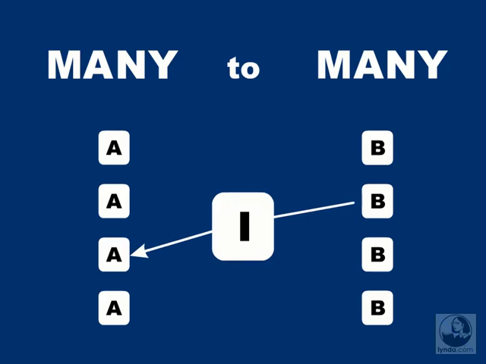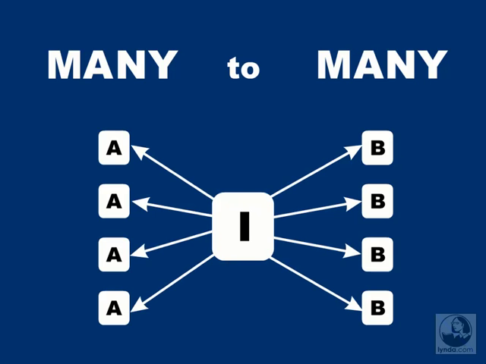I've resolved it for you with my example because the way you handle a many-to-many relationship is by creating an intersection object, which you can see by the object I've labeled I in the middle. The intersection object then creates two one-to-many relationships.